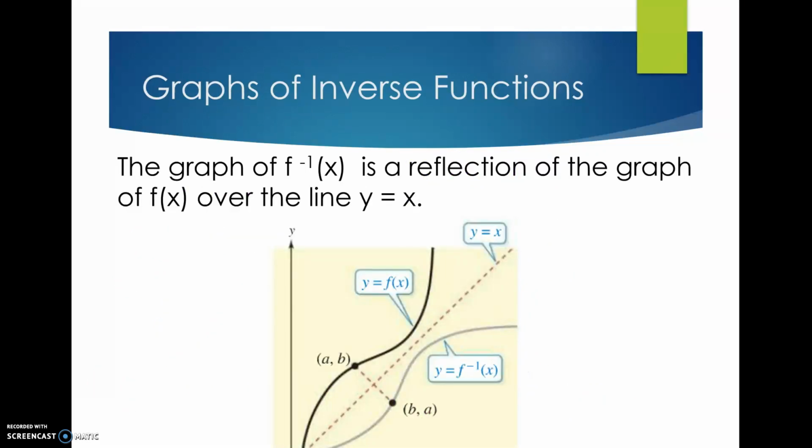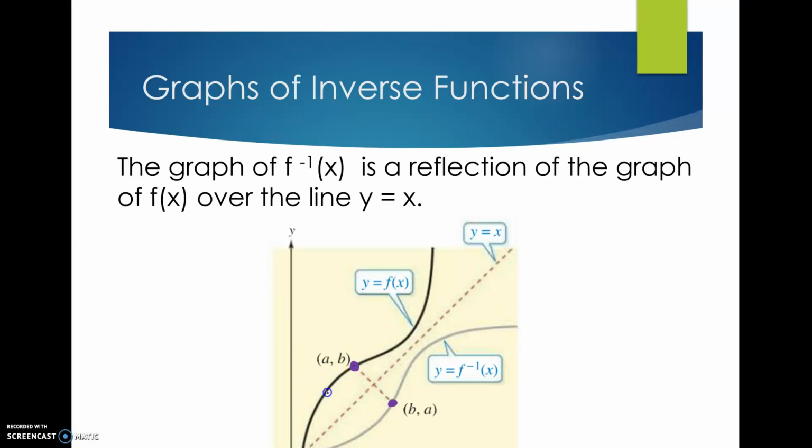The graph of f inverse is a reflection of the graph f over the line y equals x. Think about it. When we're making an inverse, we switch x and y. So look at this point (a, b). If we switch x and y, that point will become (b, a), and that will reflect that point over that diagonal line.